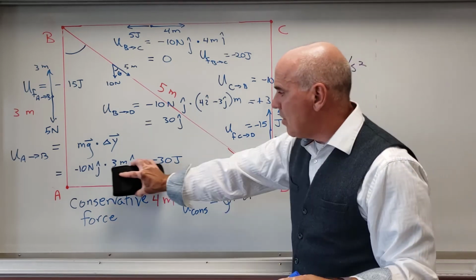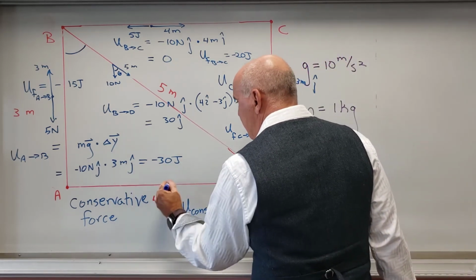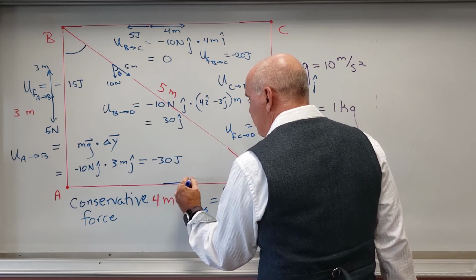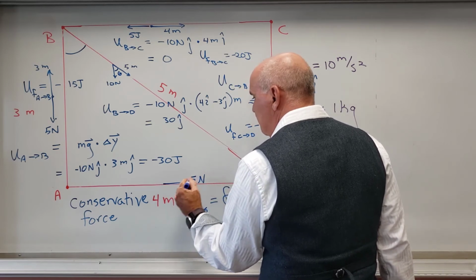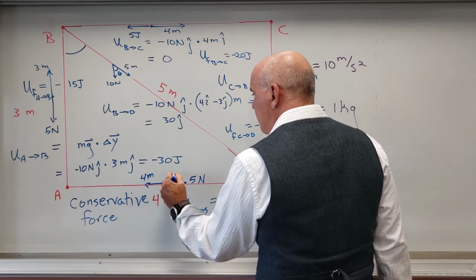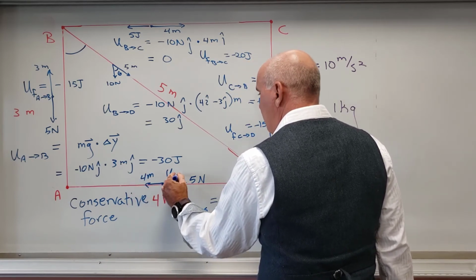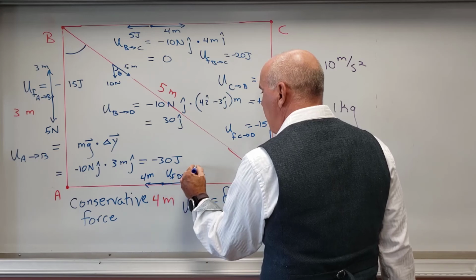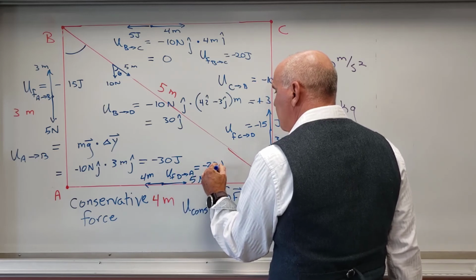And then finally going across this way, I'm dragging it to the left. The force is 5 newtons in that direction, 4 meters in that direction. So the work done by friction going from D back to A is negative 20 joules.